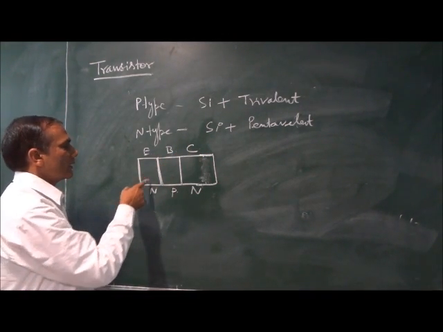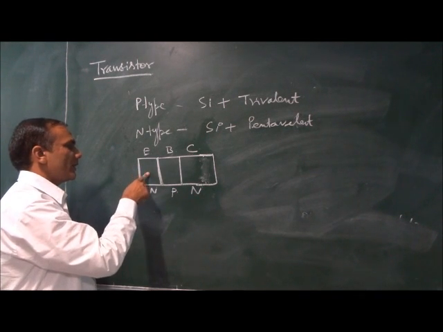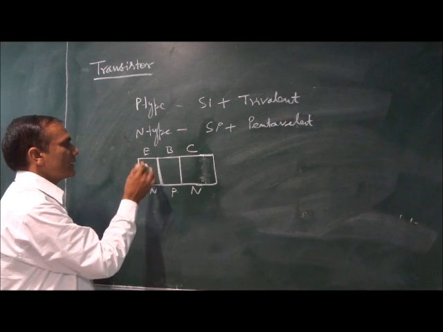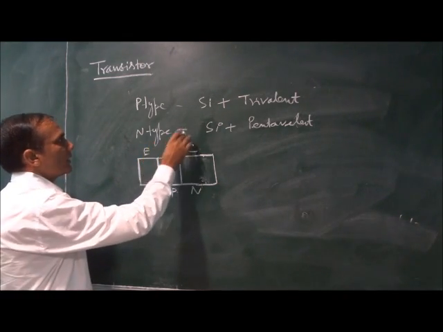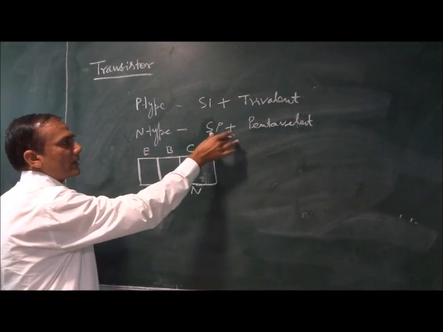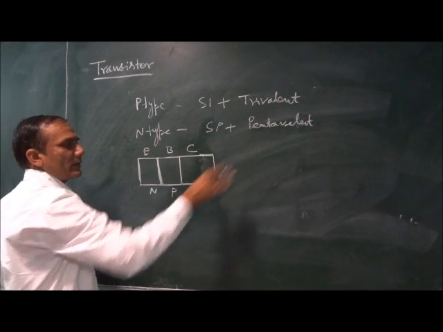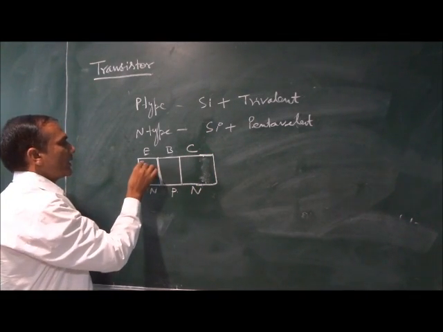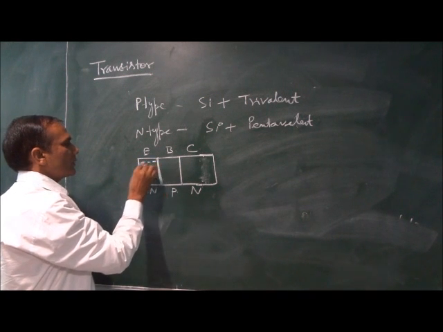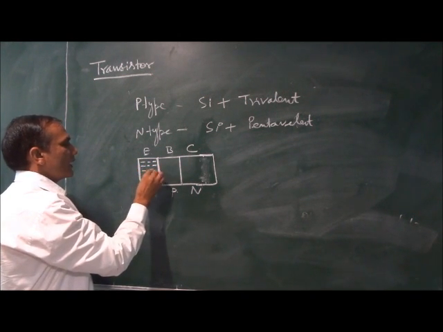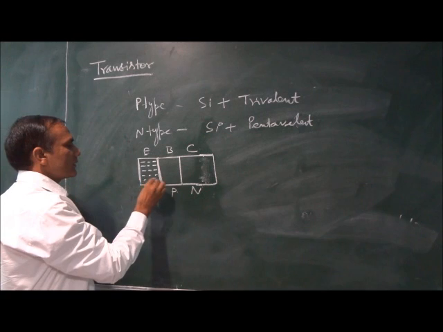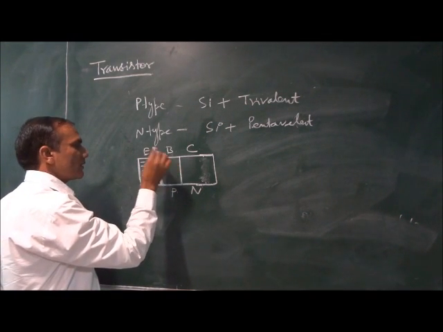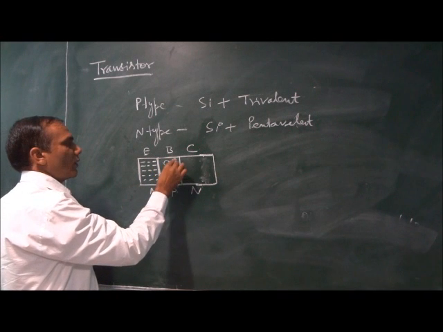Now you see the region emitter to base region. The first region is having your N type material. So N type is formed from here by having the doping of silicon with the pentavalent. Then N type material will be formed. It means this N type material is rich in the electrons. It is having electrons as the majority carriers. Similarly, now P type material is rich in the holes.